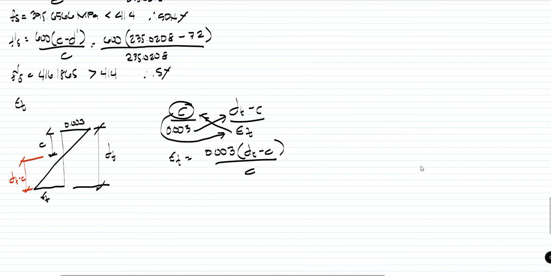So, substituting the values, we have 0.003 times dt, which is 422, minus 235.0208, divided by 235.0208.